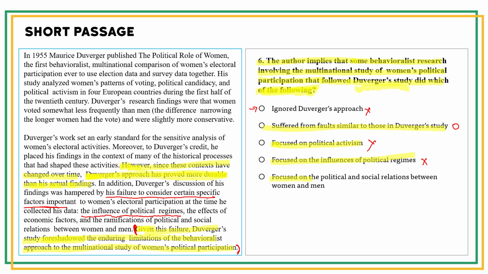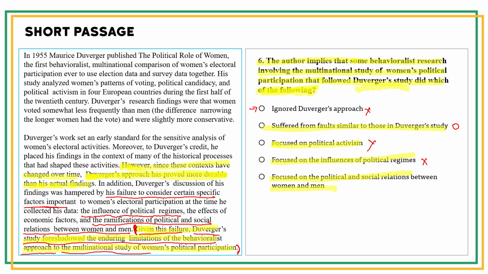Did they focus on the political and social relations? Yeah, again, this was a flaw of Duverger's study. And the passage does not give you any clue that they corrected it. In fact, it does the opposite. It says that given this failure, Duverger's study foreshadowed the enduring limitations of the behavioralist approach, right?